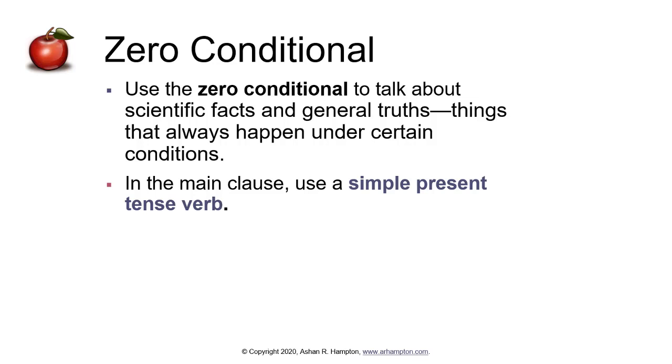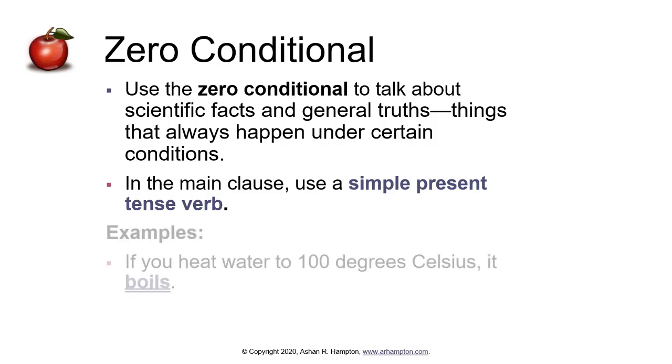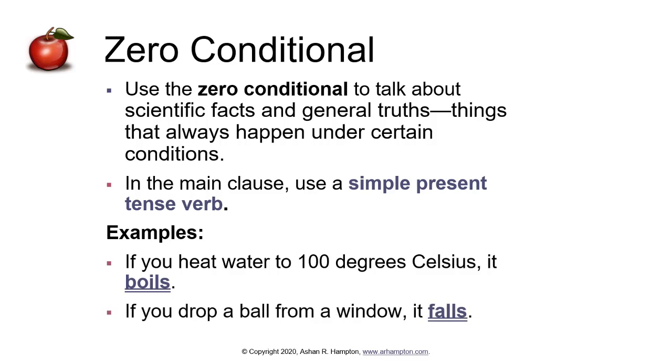The main clause is the effect or the result part of the sentence. Let's take a look at an example. If you heat water to 100 degrees Celsius, it boils. That is a true fact. If you drop a ball from a window, it falls. That is also true. Whatever you drop will fall. That's the law of gravity.